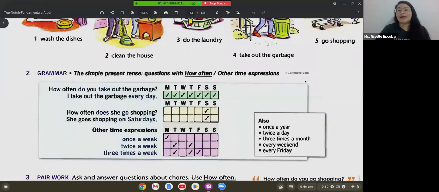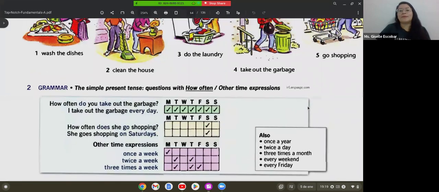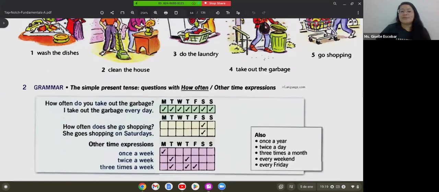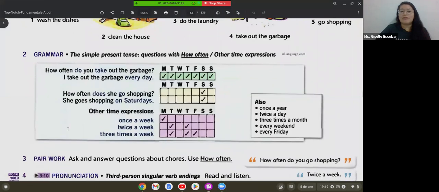Vamos a utilizar estas expresiones de tiempo. Every day, on Saturdays, once a week, twice a week. Todas estas que están acá se pueden utilizar dependiendo, claro, de la respuesta que vayamos a dar. So that's basically it for this part of the grammar.